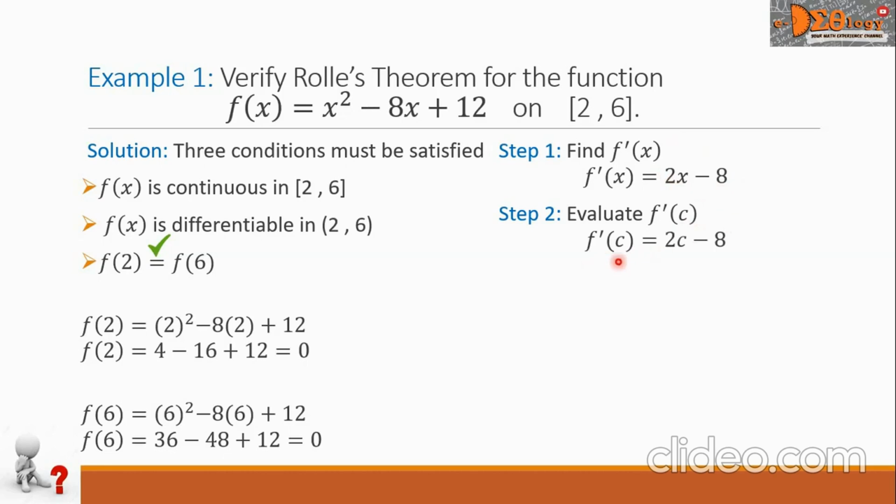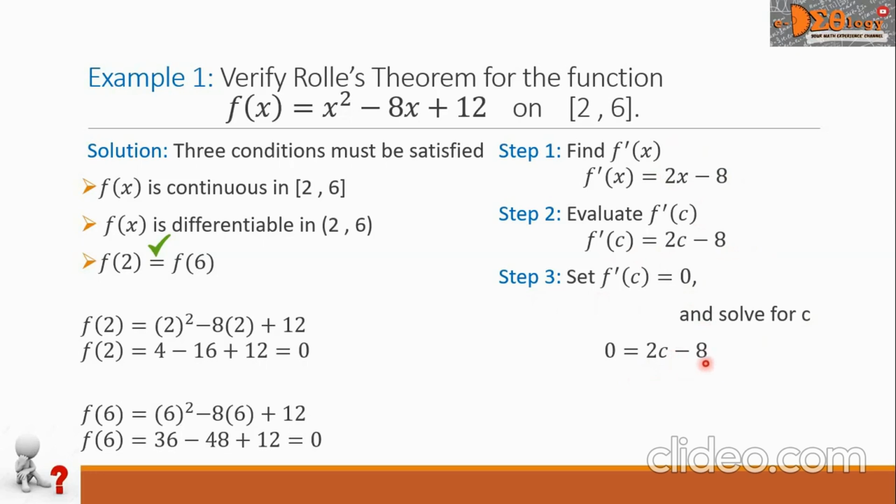So f prime of c equals 2c minus 8. Step 3, we set f prime of c equals 0. Then solve for c. So we have now 0 equals 2c minus 8.